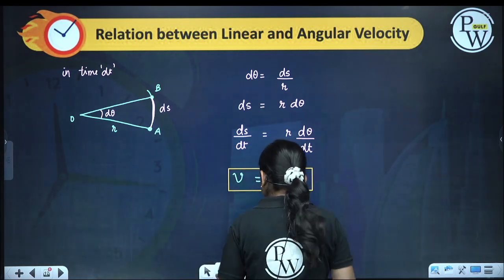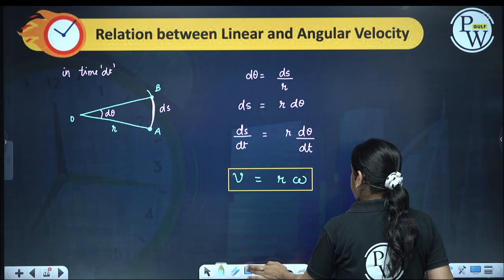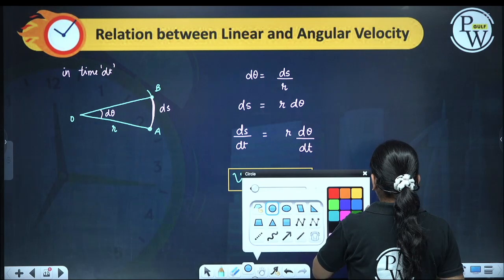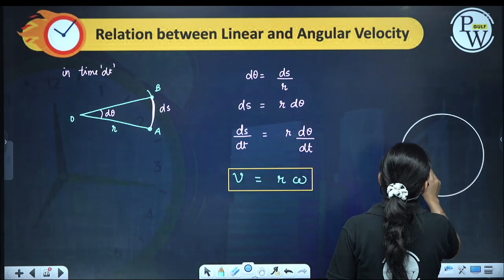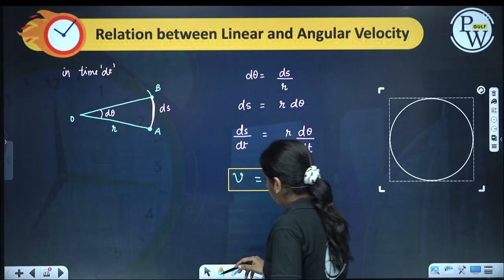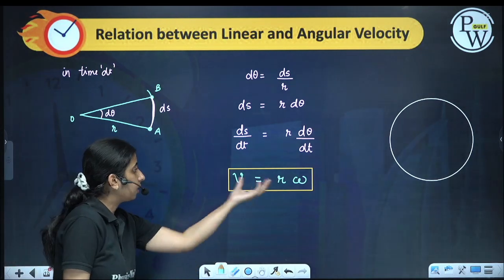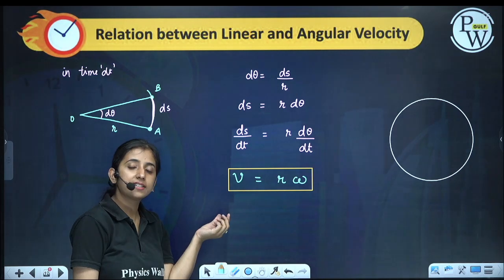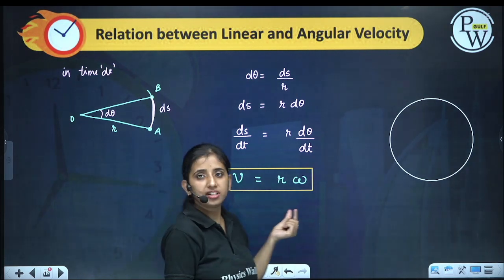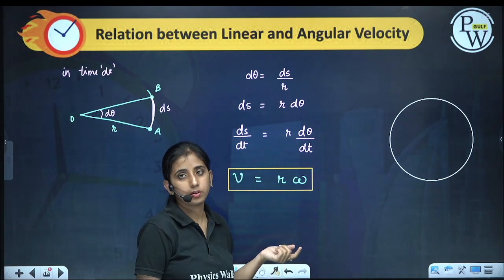Now let us see whether it is r dot omega, r cross omega, or omega cross r. Firstly, velocity is a vector, r is my position vector, and omega is my angular velocity vector.